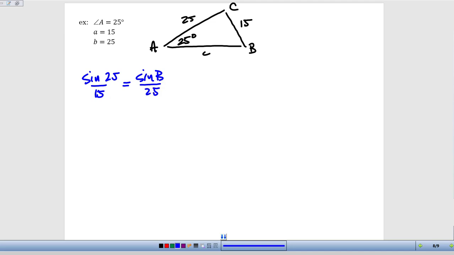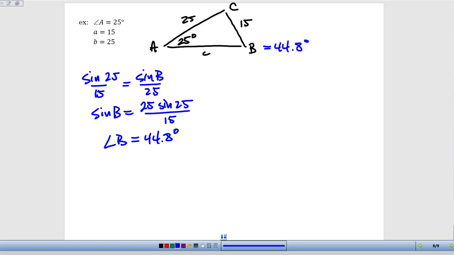So if we cross multiply and then isolate the sine of B, we're eventually going to get sine of B equals 25 times the sine of 25 all over 15. And so if we calculate that out on the right hand side, take the inverse sine of both sides, we're eventually going to get angle B as having a measure of 44.8 degrees.